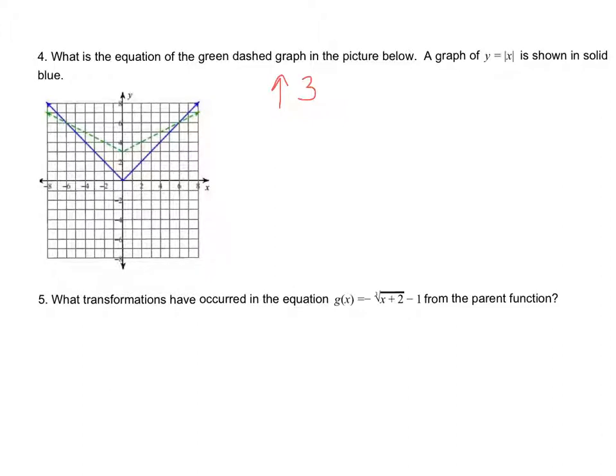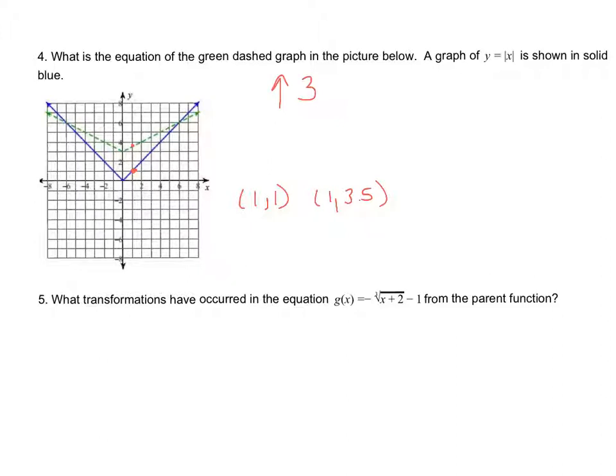Now the easiest way to think about that is just think about this point right here. That point on the graph is (1, 1). That's on my original graph. And this point here, if I'm not mistaken, looks like (1, 3.5). Now we already knew it moved up 3 units because of the shift up.